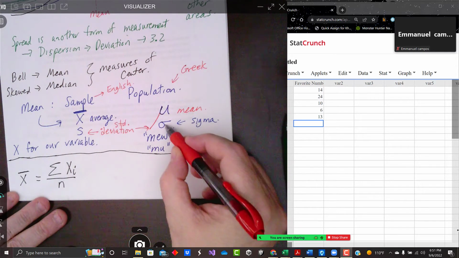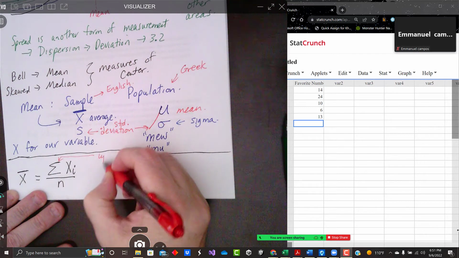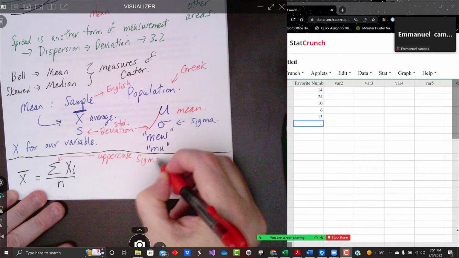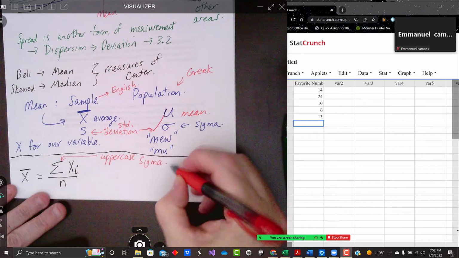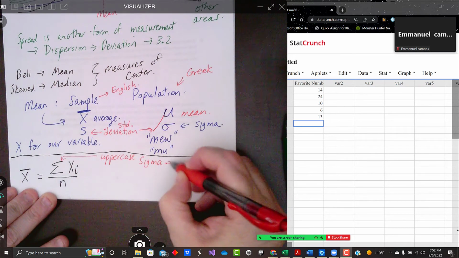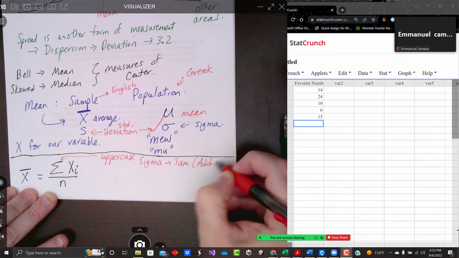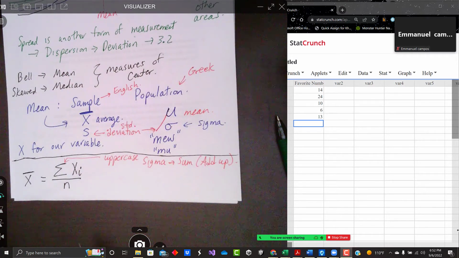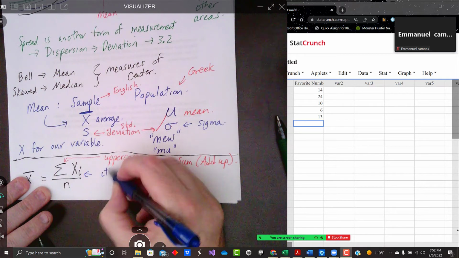So I told you this was lowercase sigma. That is the uppercase sigma. You'll see it if you use Microsoft Excel and some of the data processing programs. They use it there. It means sum or add up. We put the i there to say the ith data value.